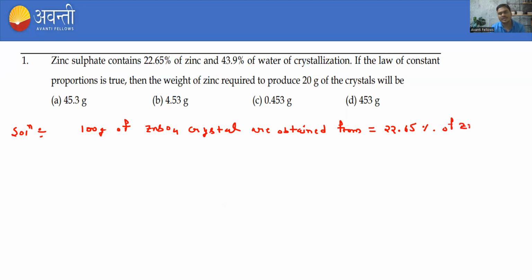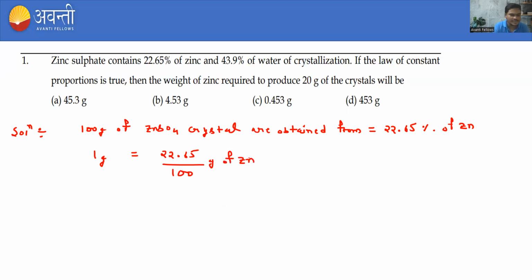This is in the question, so this is the given data. So if 100 gram of ZnSO4 crystal are obtained from 22.65% of zinc, then for 1 gram, what is the value? So for 1 gram, the value comes out to be 22.65 divided by 100 gram of zinc.